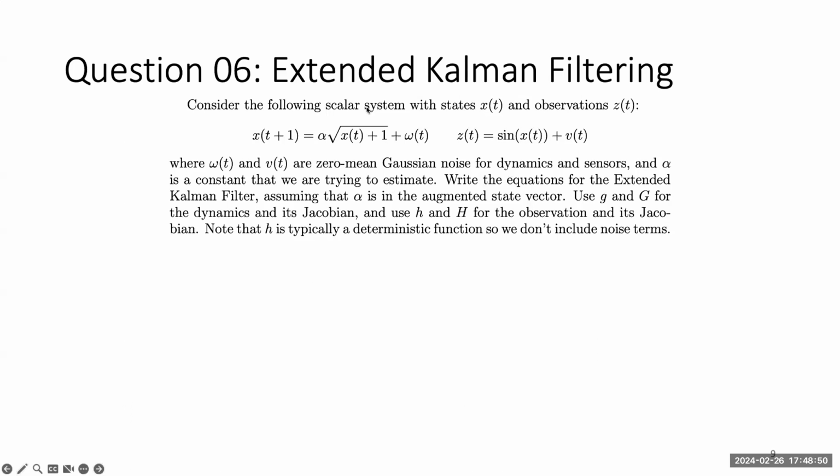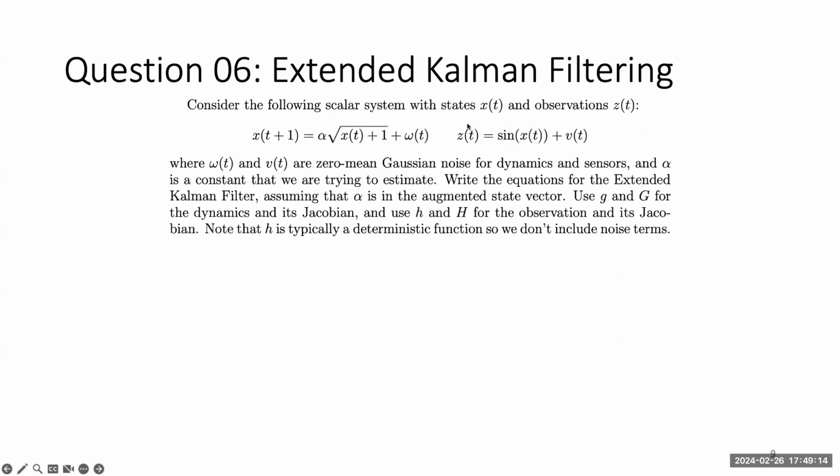And basically, if you're given this, we would just tell you that you have an unknown constant alpha that you're also trying to estimate. Even though it's constant in the dynamics, you might still include it in your state vector. So the question is, what are these four components?